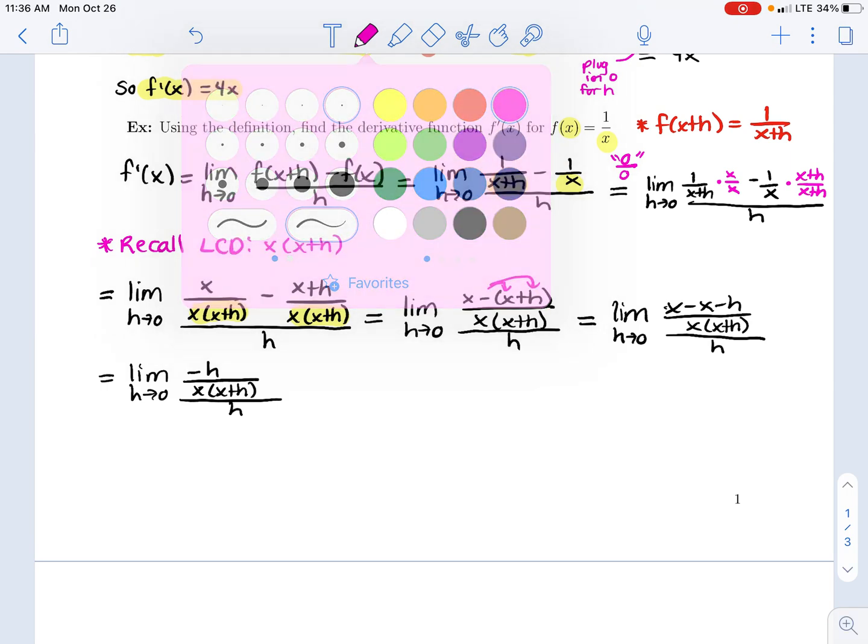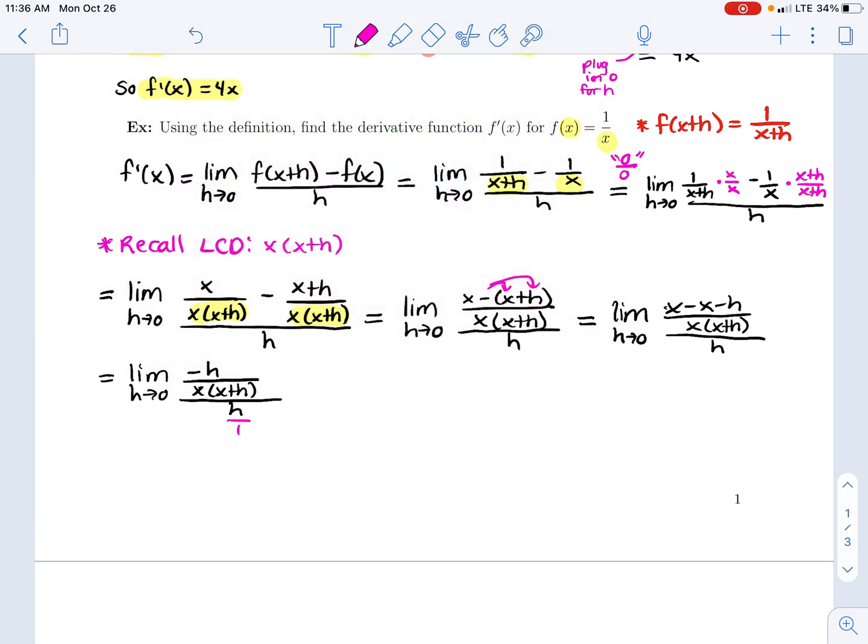And so now we can rewrite this as h over 1, all right, because h divided by 1 is still just h. And the reason why I'm doing that is because now what I want to do to figure out what this fraction divided by this fraction is, I need to flip and multiply by the reciprocal. And so this is going to be equal to the limit as h approaches 0 of negative h over x times x plus h times 1 over h.